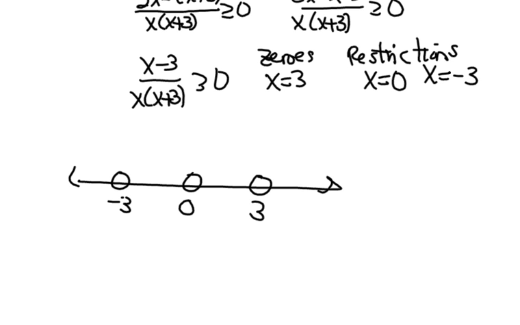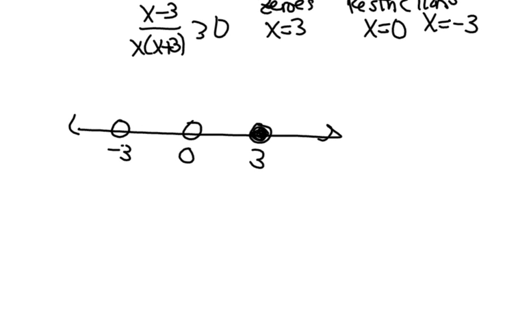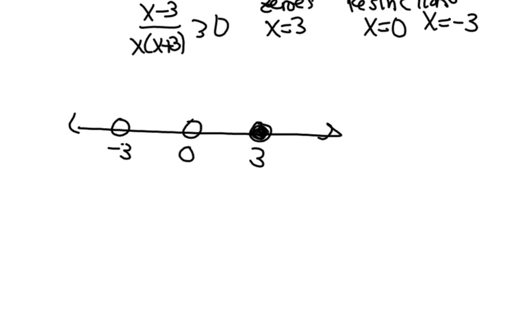Now again, the zero is 3, so because it's greater than or equal to, I am allowed to include the 3 as a solution. And again, because 0 and -3 are restrictions, they are never included in the solution. Okay, because I have 3 different boundary values, that means I have 4 different intervals that I need to check.